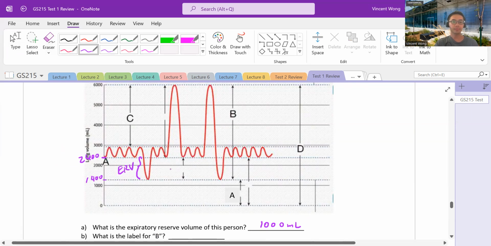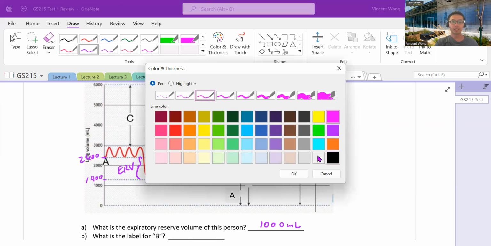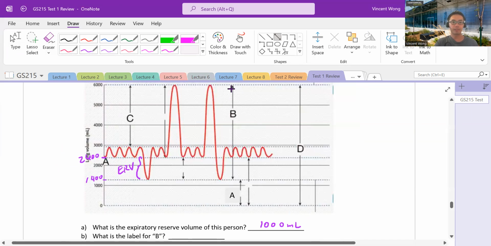All right. What is labeled as B? What do you think this thing right here is? B, from here all the way. That is the vital capacity, correct? Vital capacity is inspiratory reserve volume, which is C, plus the tidal volume, which is this thing that goes up and down, as well as expiratory reserve volume.